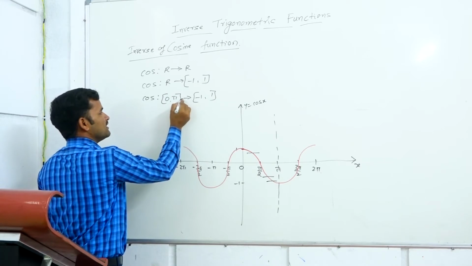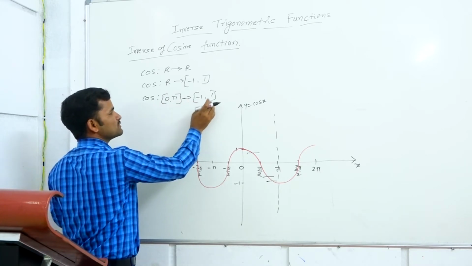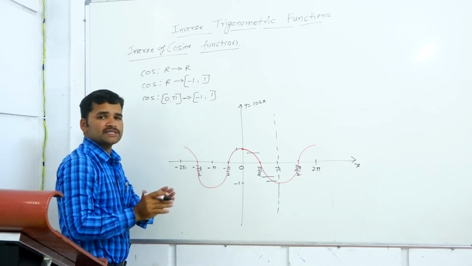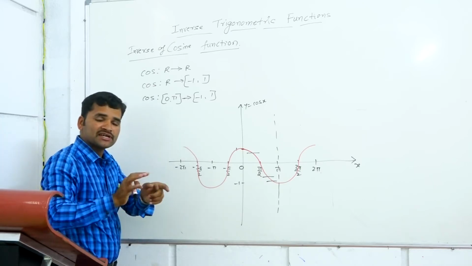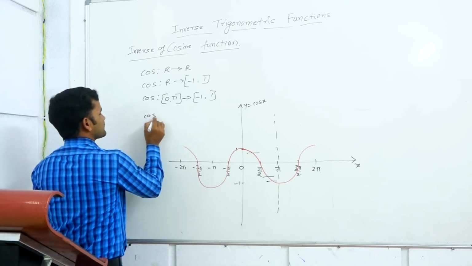In this interval, with domain 0 to pi and codomain minus 1 to 1, the given function cos is bijective, means it is 1-1 and onto. As the given function is 1-1 and onto, there exists its inverse, that is written as cos inverse.